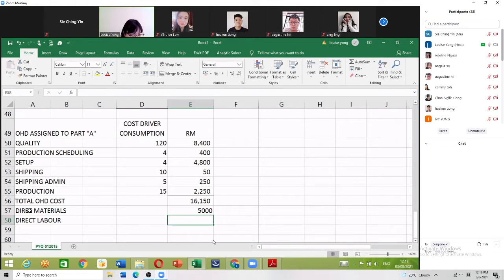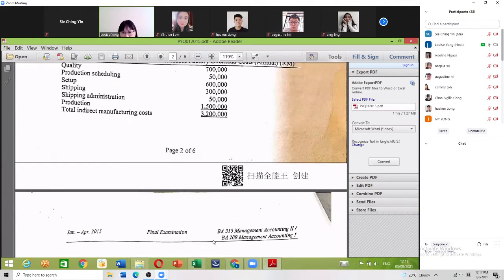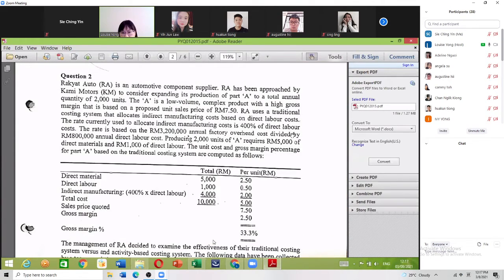labor, 1,000. Direct material and direct labor, because these are the bigger numbers, I'll add them in one go, since it is stated here. Okay, 5,000 will be your direct material in order to produce 2,000 units of air, and then 1,000 will be your direct labor.